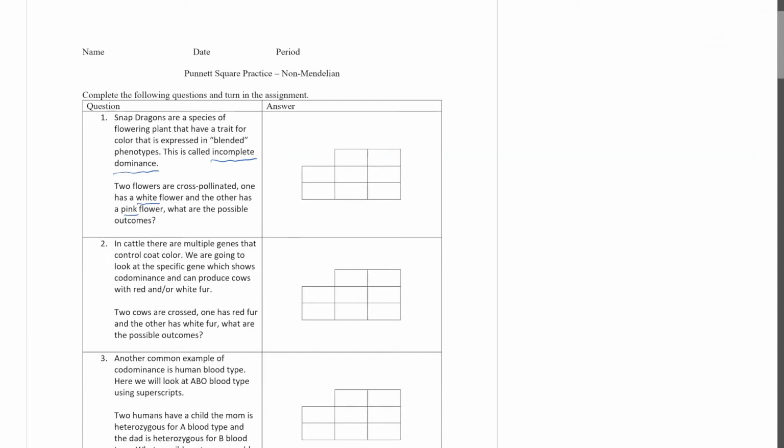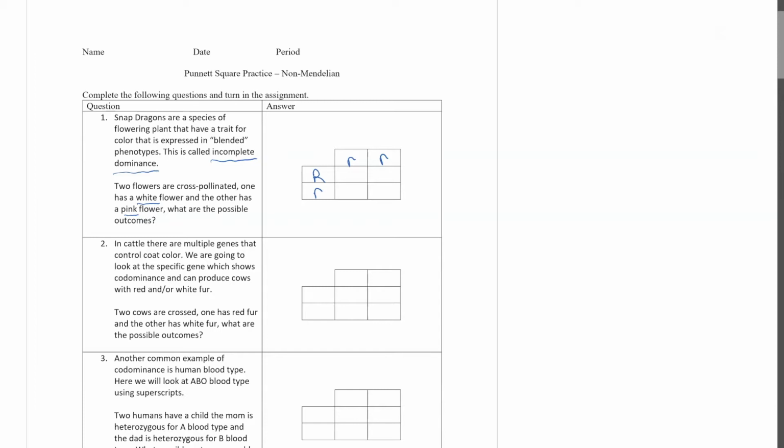Now that I've told you it's an incomplete dominance problem, you can start solving this. The white flower is little r, little r. The pink flower is capital R, lowercase r.